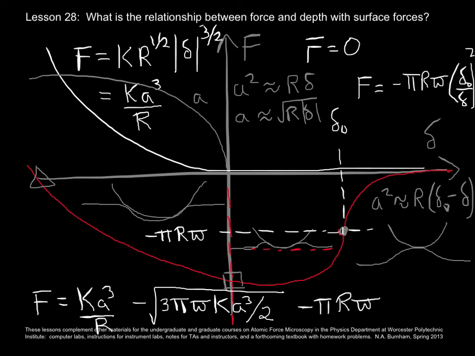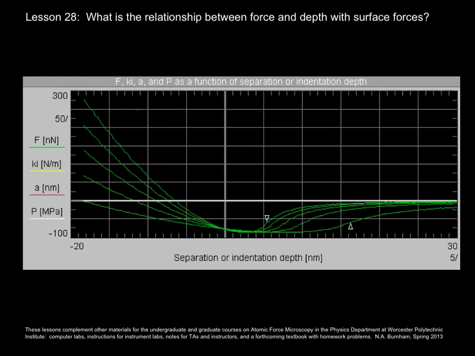Phew, this slide is full of equations and sketches. Let's now see if we can find some meaning in this equation at the bottom. Here is a series of computer-generated force curves for increasing reduced modulus, and the axes are force and separation or penetration depth. Here, this is the direction of increasing reduced modulus. So the higher the modulus, the more the cantilever bends backwards for a given depth.